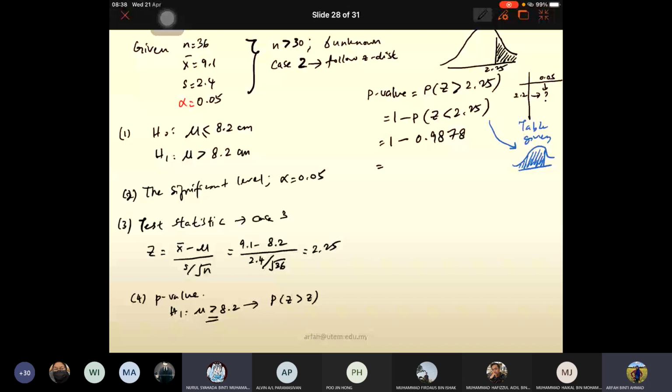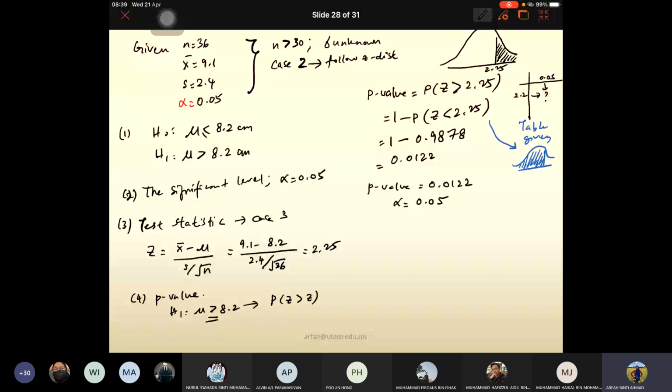So thank you to whoever answered earlier. Try subtracting, what is the answer? 0.0122. Yes, correct. Okay. So we get p-value equal to 0.0122 and alpha equal to 0.05.